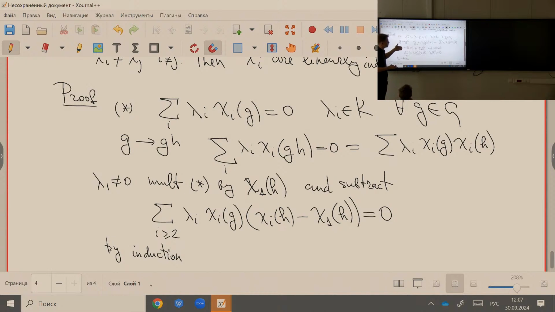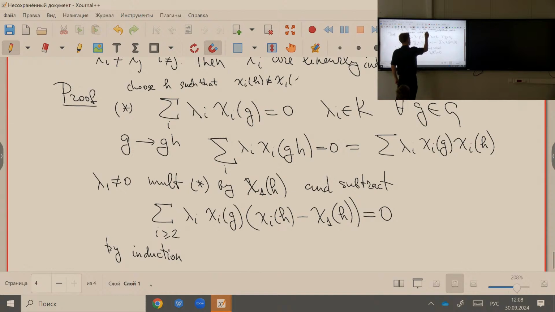So in order to do it, we have to settle down the choice of H. So choose H such that chi I of H is not equal to chi 1 of H for I such that lambda I is not equal to 0.